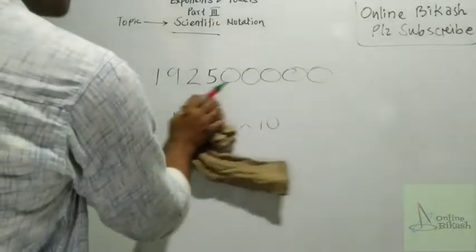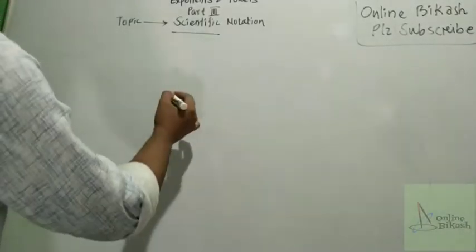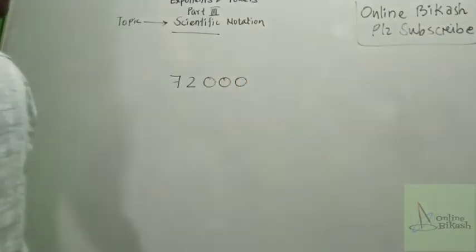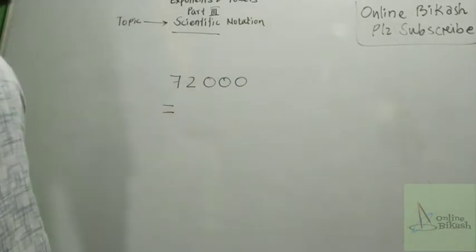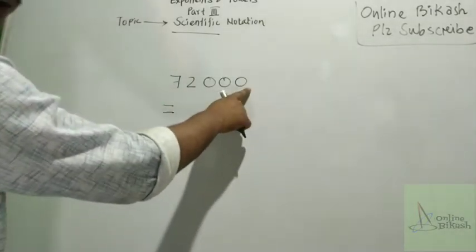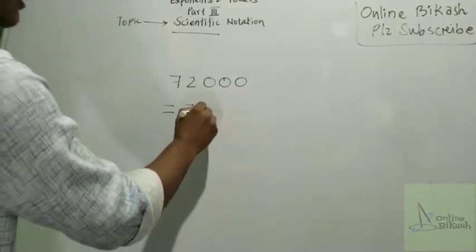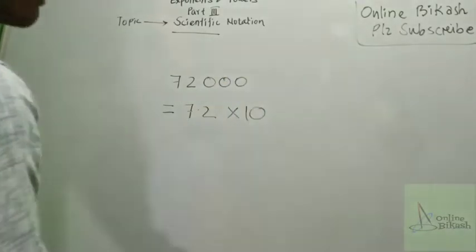Similarly, suppose you have 72,000. How to express it in its scientific notation form? Point is here. We have to move the point from here to here. So let us write it first like this. Into 10 to the power how many? The power will be what?